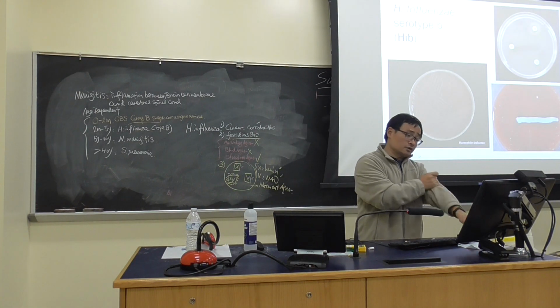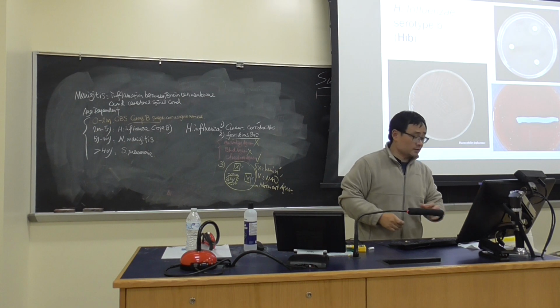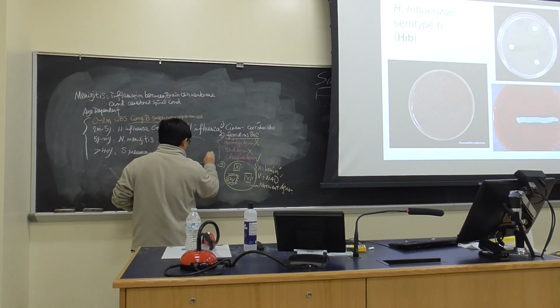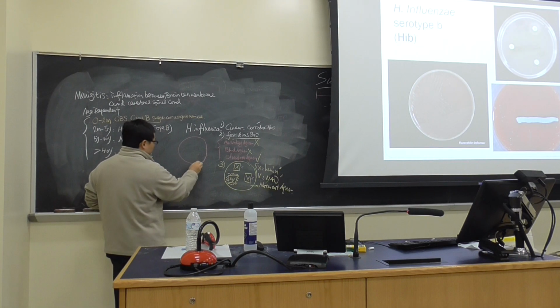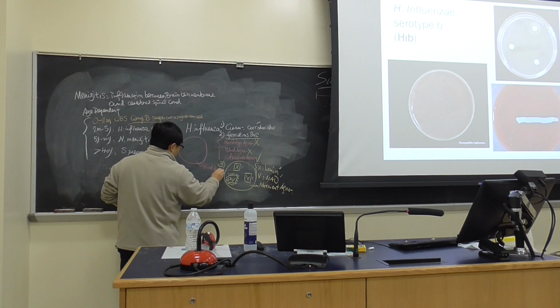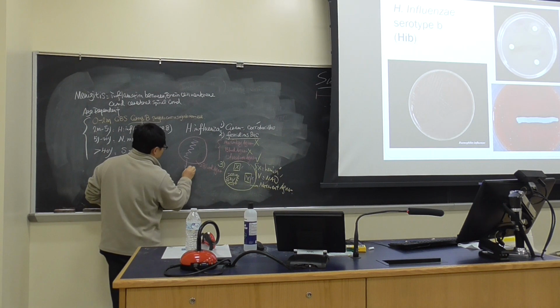This is very interesting. It's not going to grow on the blood agar. However, there is one situation where it will grow. So I have a blood agar, and I'm going to inoculate with Staphylococcus aureus first.